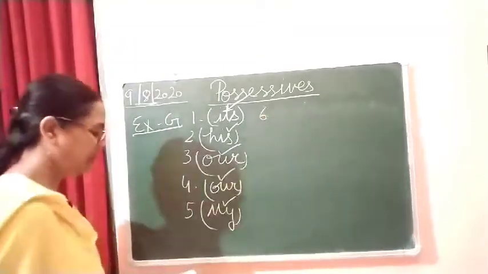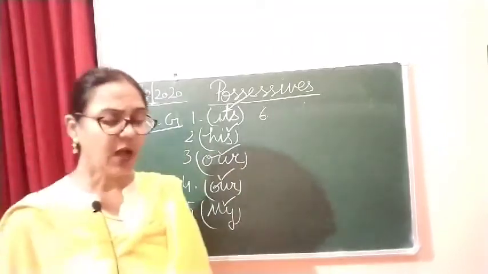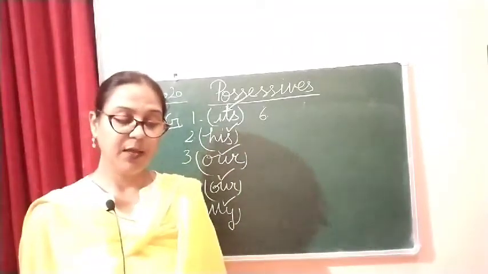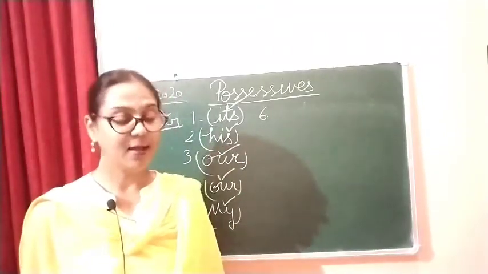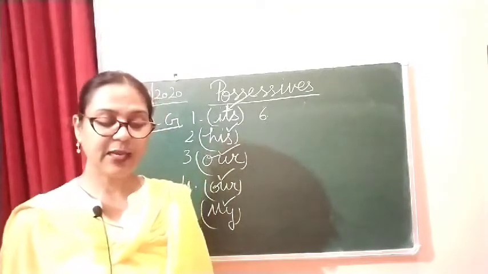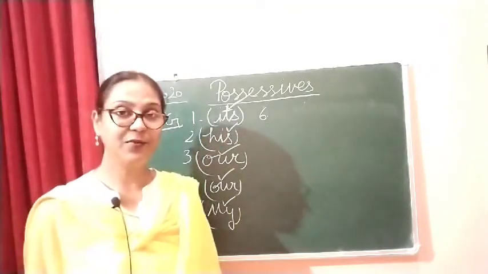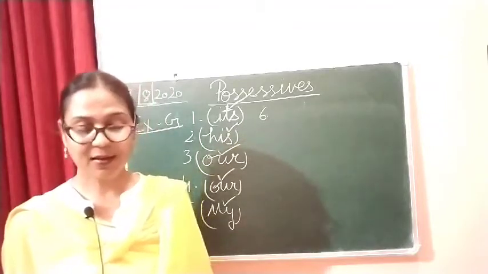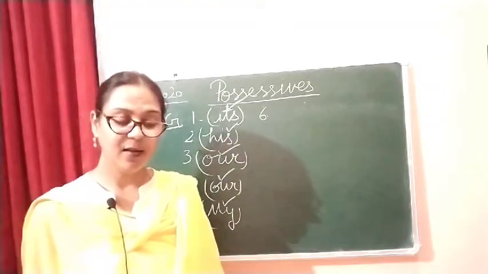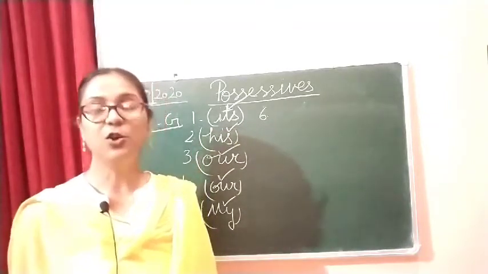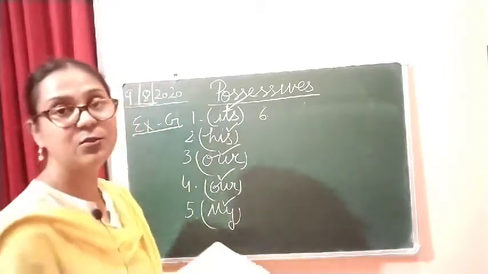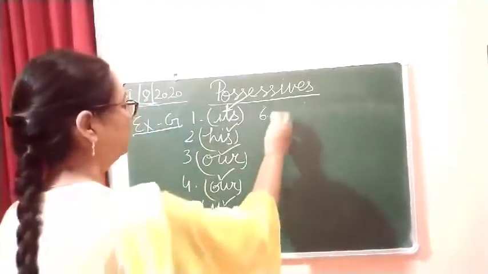In number 6: I called up his, my, her doctor to seek an appointment. So what are we going to use over here? I called up my doctor to seek an appointment.